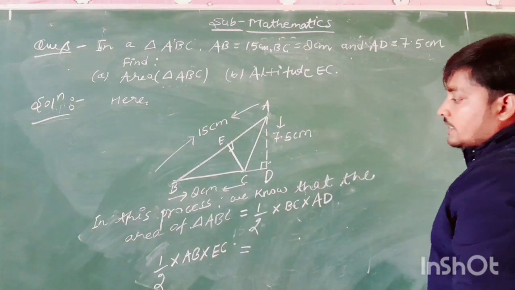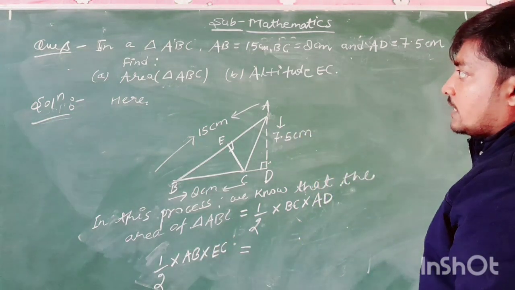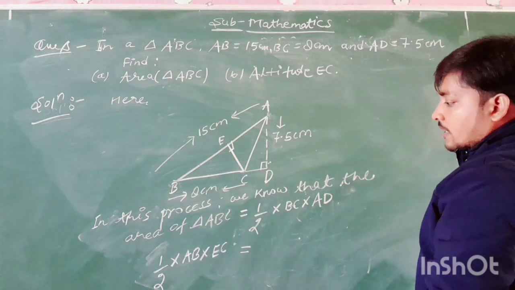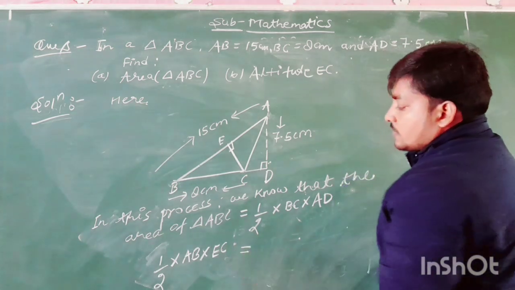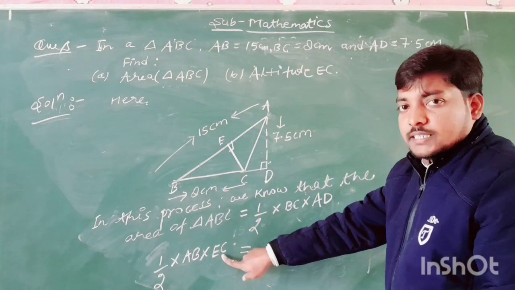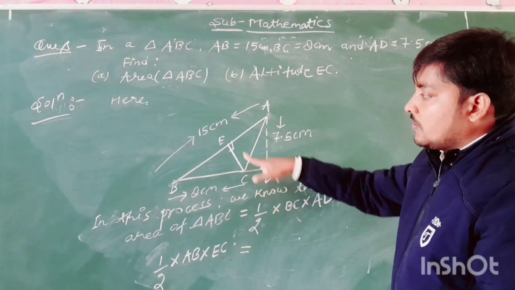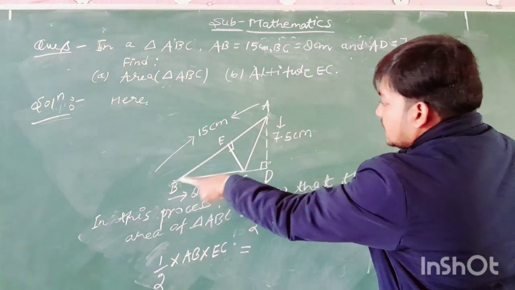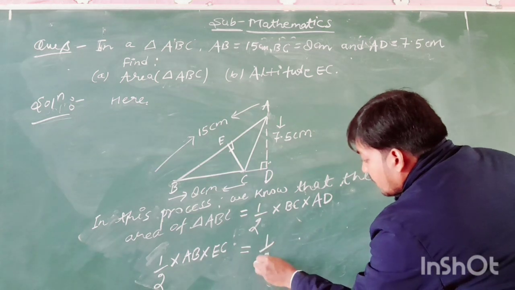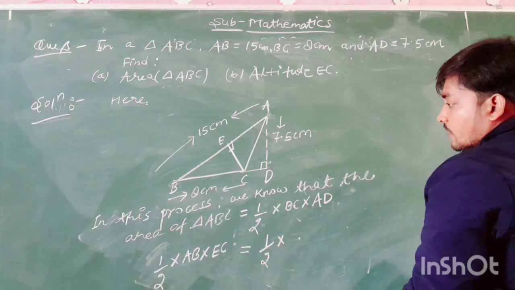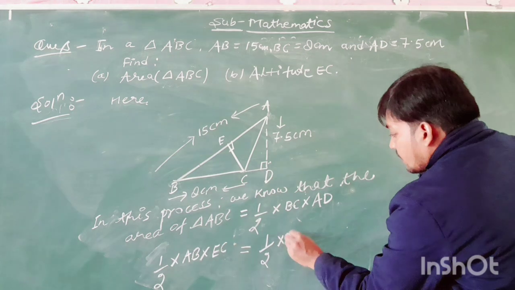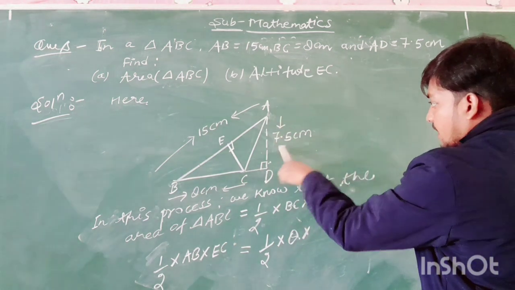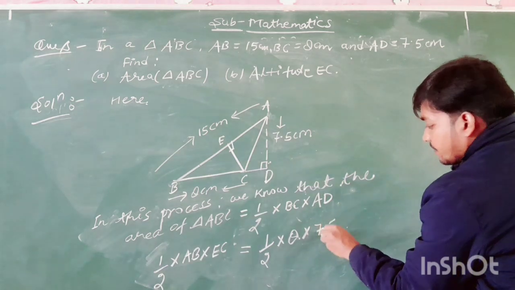We have to find the area of triangle ABC and altitude EC. Here we have to calculate EC, which is the altitude of the triangle when base is AB. 1 by 2 into the value of BC, which is equal to 8, and the value of AD, which is equal to 7.5.